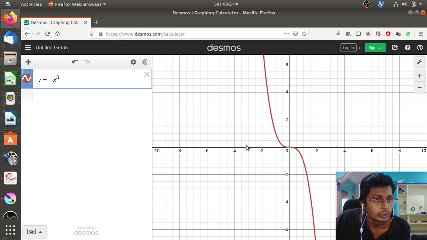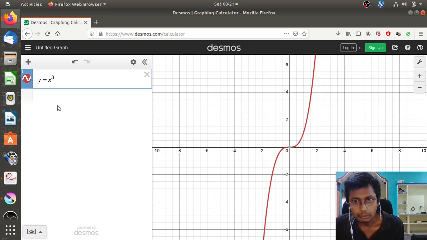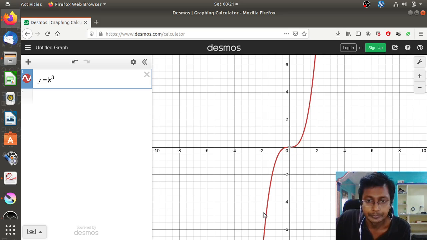Okay, so let's see another example where the first derivative at the fixed point goes to 0, which is x dot is equal to x cube. At that time, when x is negative, x dot is also negative, so x will decrease, which means it will go away from the fixed point.